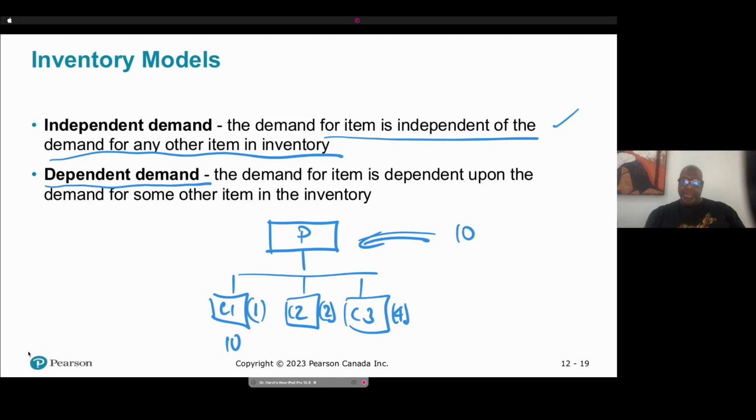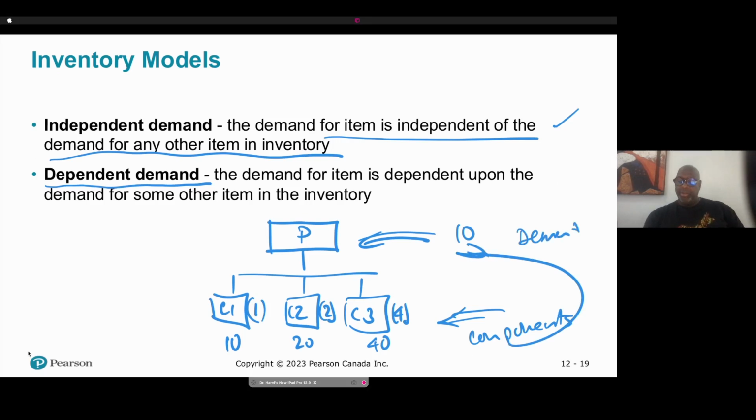I will need 20, and then I will need 40. So the demand for these components is dependent on the demand for the finished good. All right, and so that's why we refer to this as dependent demand.